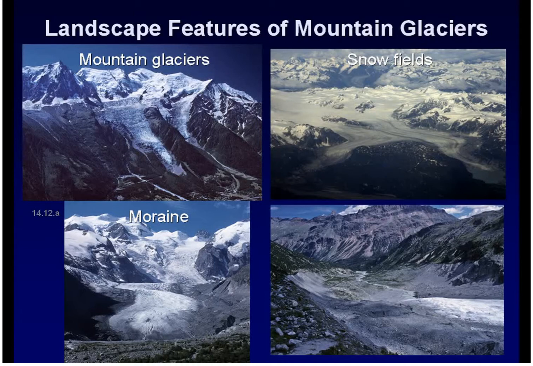And the final slide here is indicating the terminus. So this is the lowest elevation that the glacier reaches, and in this example here we've got ice and also debris covered ice in this terminus. So this is the lowest extent of the glacier, where it's producing a terminal moraine.